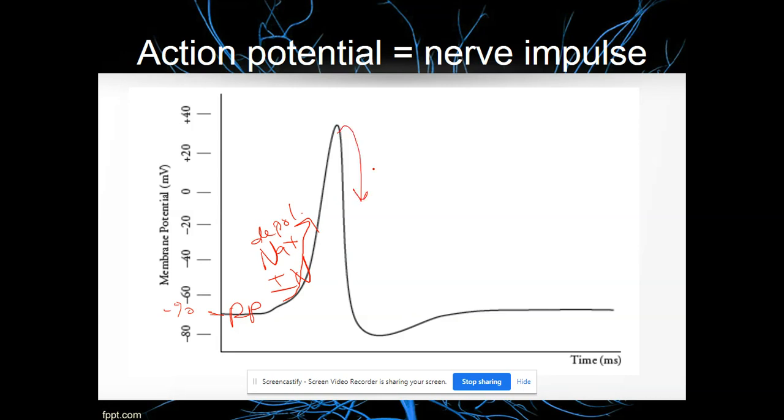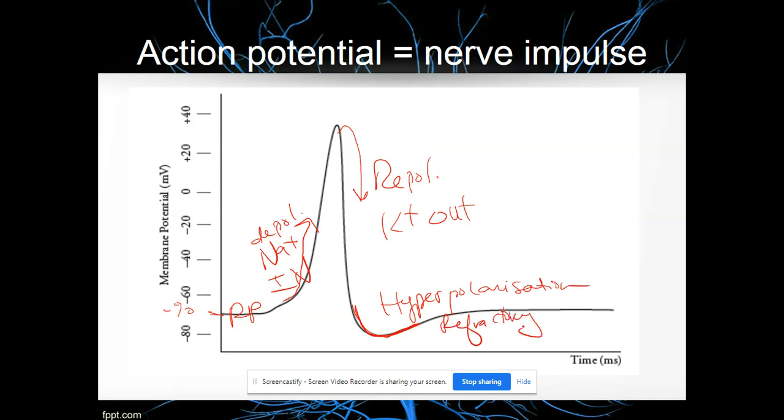And then we have repolarization as potassium ions are getting out of the cell. And then we have this quirky little dip called hyperpolarization, also known as the refractory period, before we get back to resting potential.